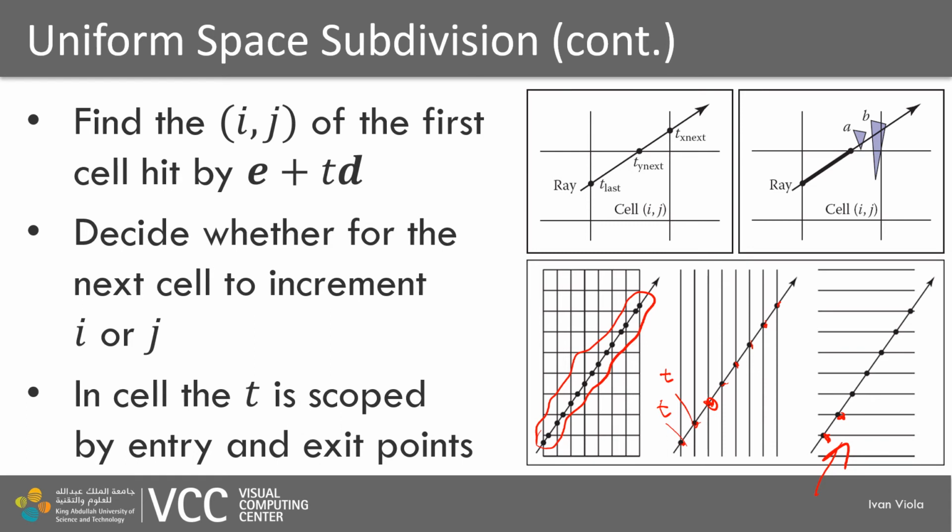And we can always search within the arrays of t's for the smallest one. And that one will define how we are moving within the cells. So we want to find out whether our next cell will be an increment in the x dimension or y dimension or both dimensions within our coarse space subdivision.